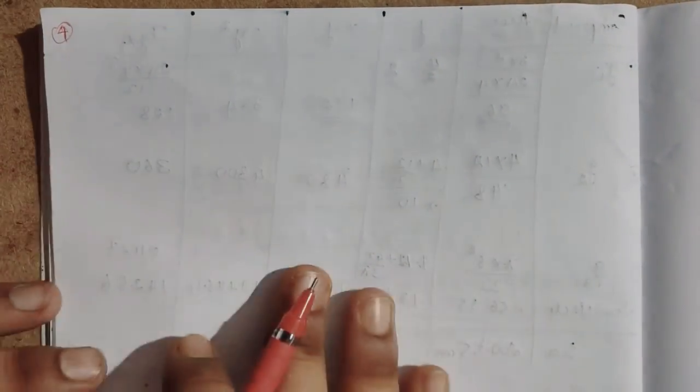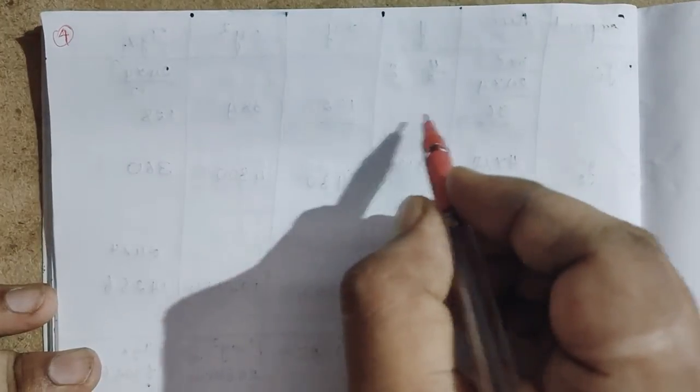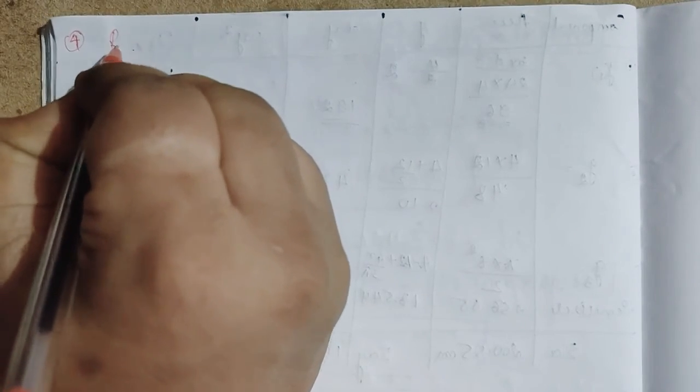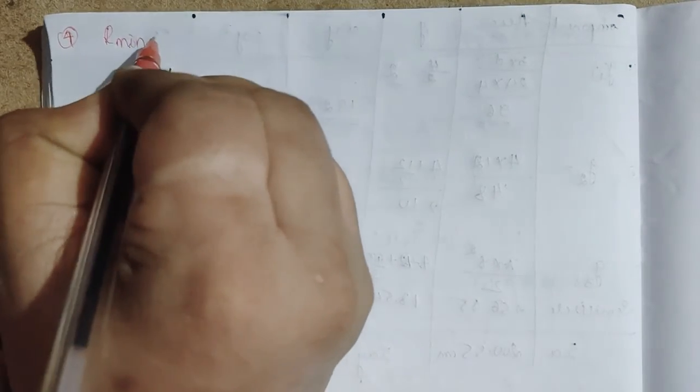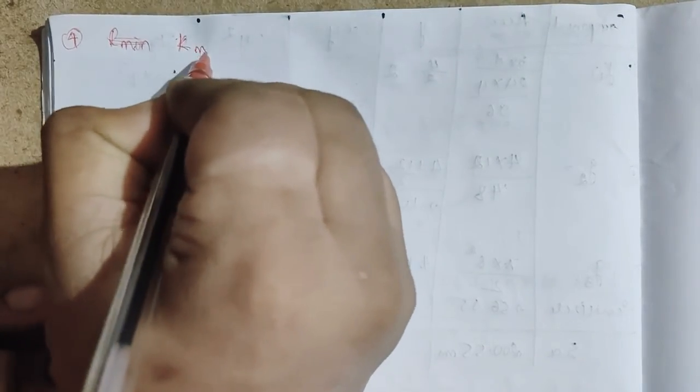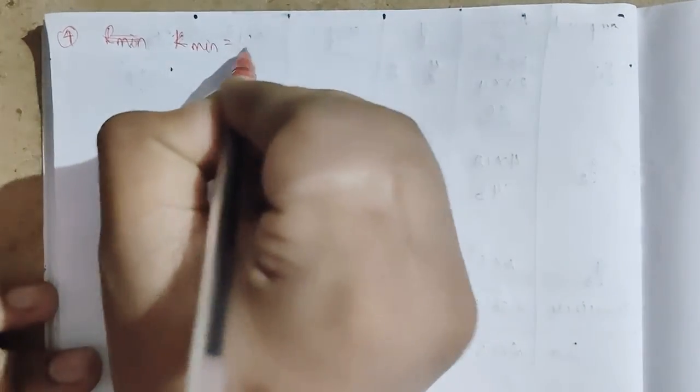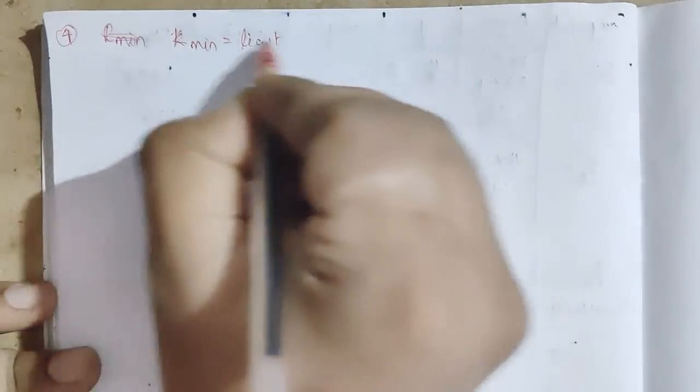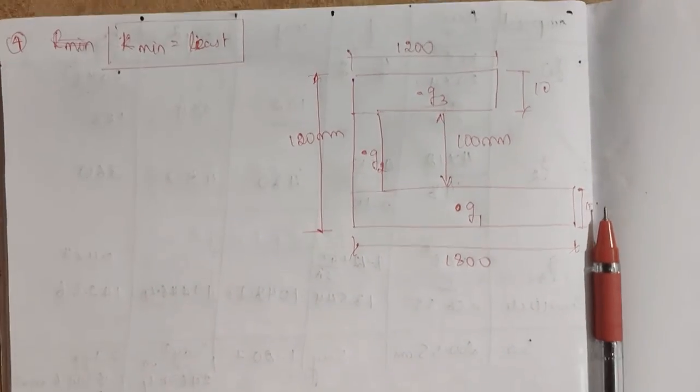So this is the last problem of this module. Okay, please see carefully. We have to find the least or minimum radius of gyration for the given area.